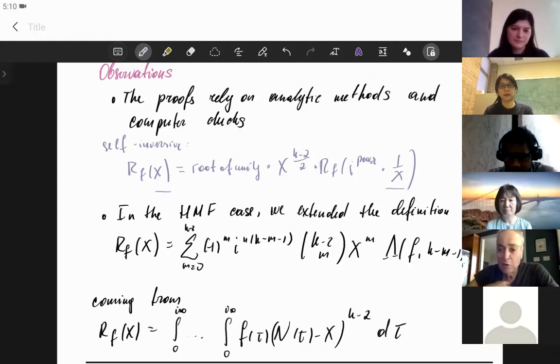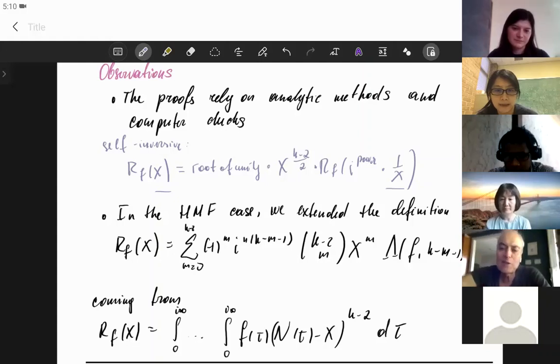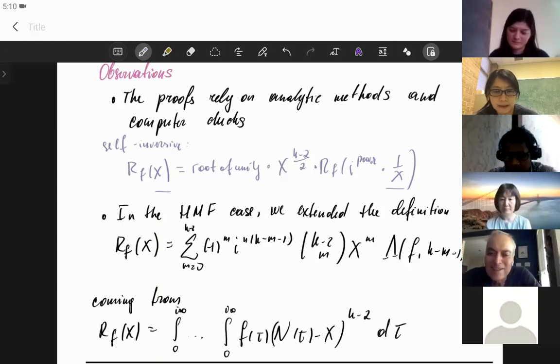I would have to look in the literature at this stuff. This is a familiar thing. The people who do Shimura varieties, this is second nature to them.